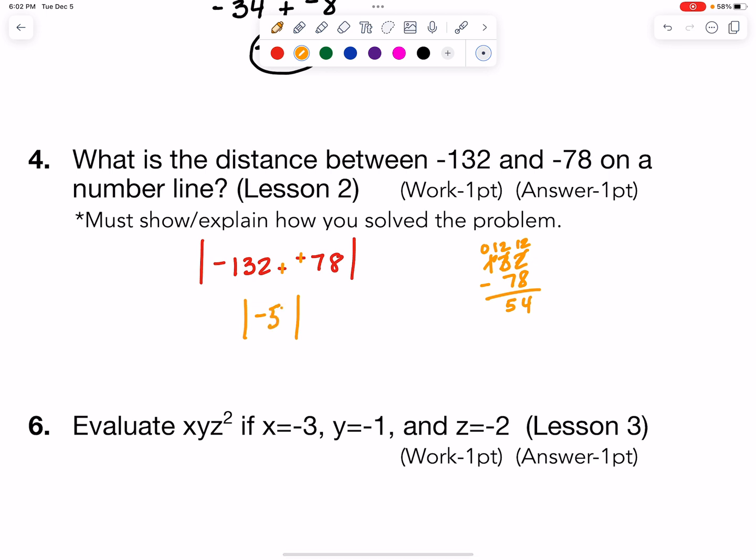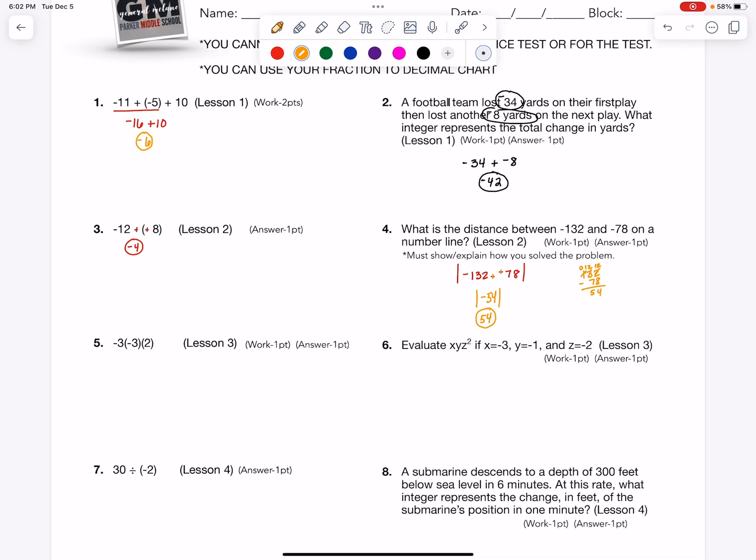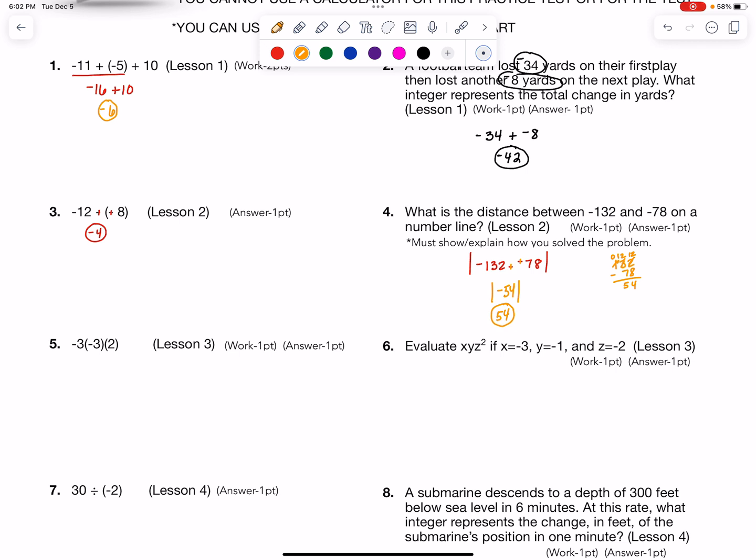So we have a negative 54, but really the absolute value difference is 54. And so there is our official answer. So you just have to remember for that one, we're finding the difference between the two, but always taking the absolute value because we want a positive amount. So you find the difference and then absolute value it.